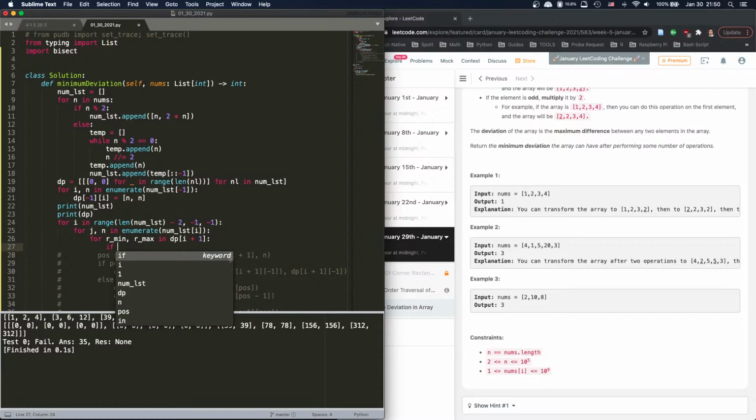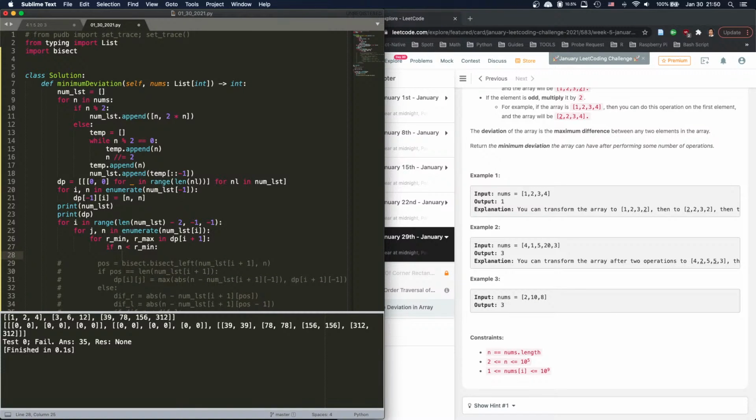if n is smaller than r min, so we probably need to get temp min, temp max equals n.